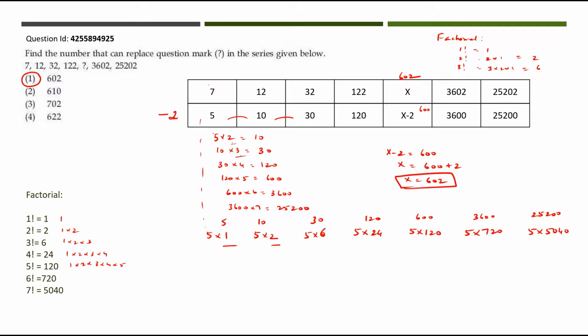What are these numbers? 1, 2, 6, 24, 120, 720, 5040. They are all factorials.